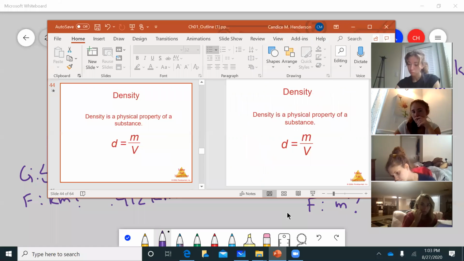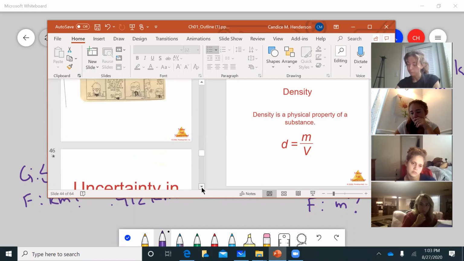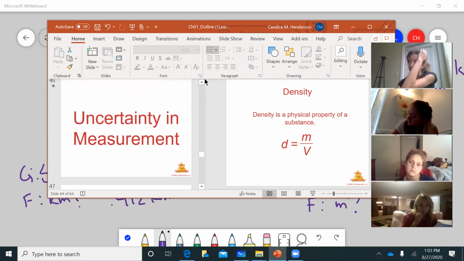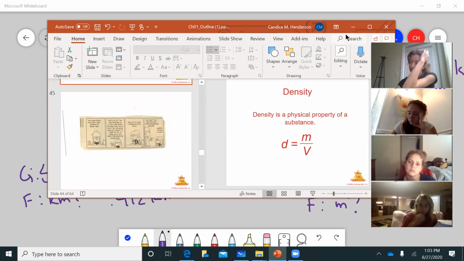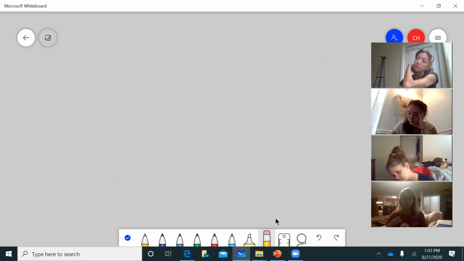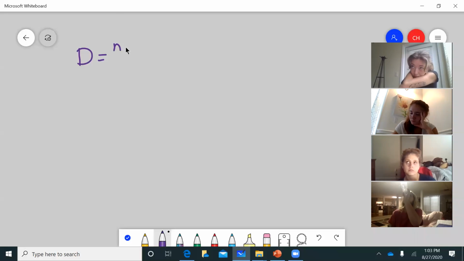Let's get out of here for a second and try some density stuff. So density equals mass over volume.